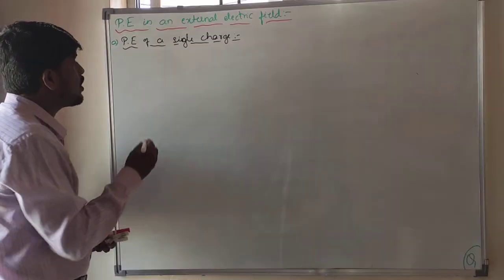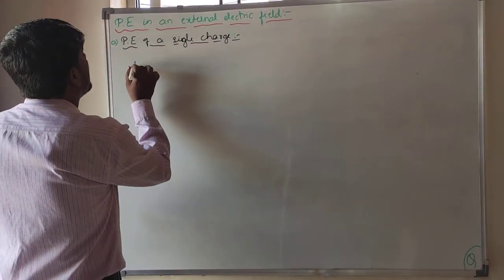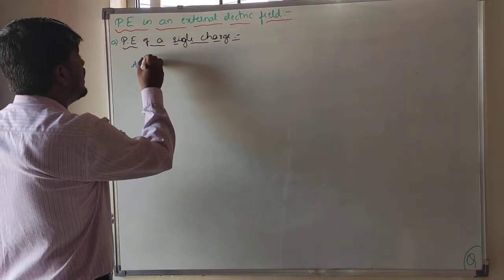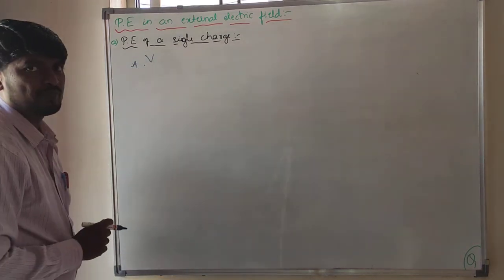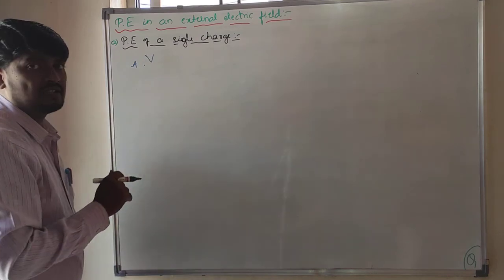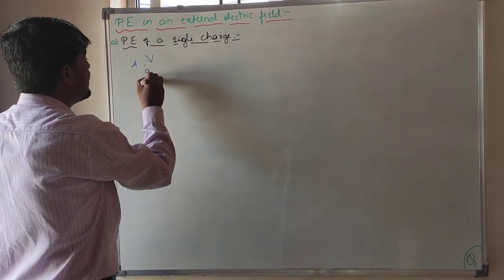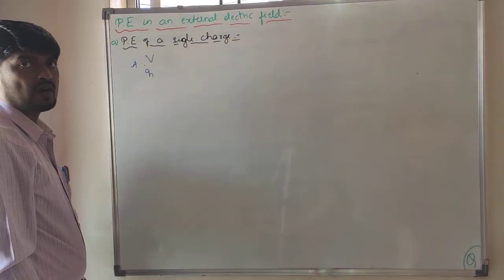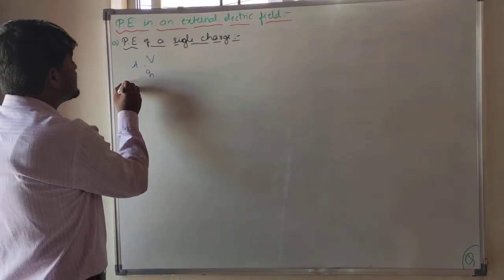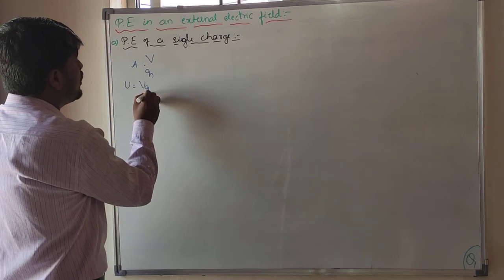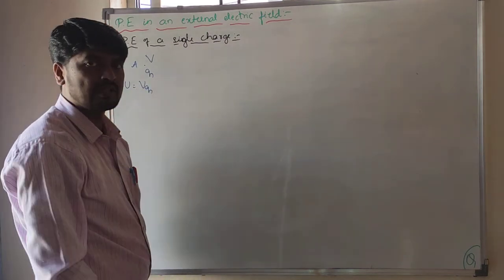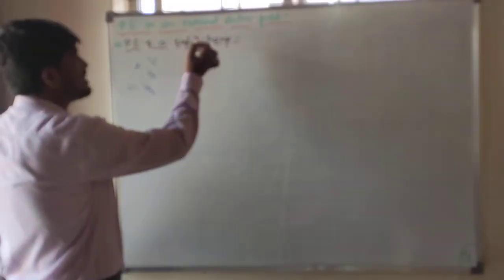Now let me consider a point, say A. At this point A, potential is V, right? So if I bring the unit charge from infinity to the point A, what happens? Work is done, and that work done is given by U is equal to VQ. Very simple.